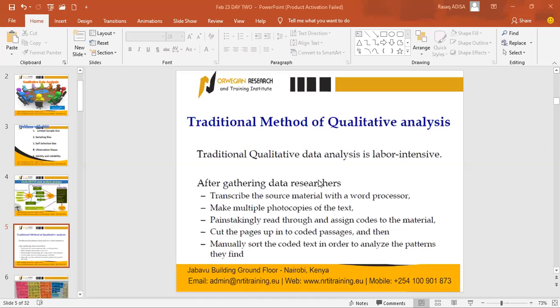If, for instance, you interview just 10 people, and each person spends about 45 minutes for the interview, by the time you transcribe a 45-minute interview, don't be surprised, it may be running to more than 10 pages. It may be 7 pages, 8 pages. It depends on how the person can talk. So imagine you have 10 pages on average, multiply by 10, that's 100 pages.